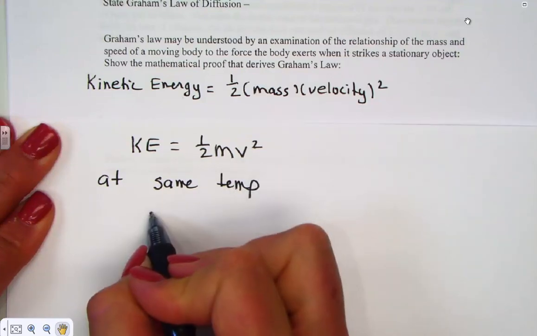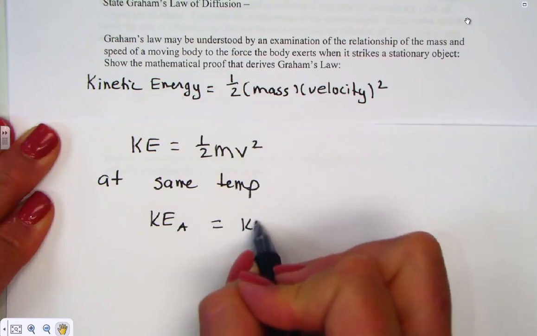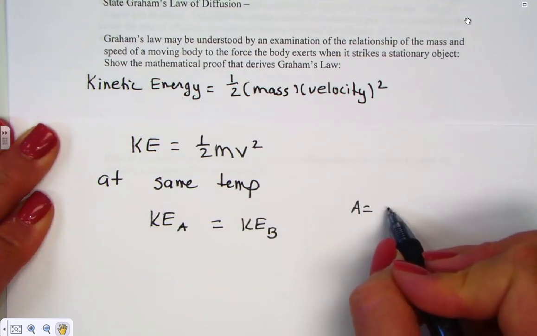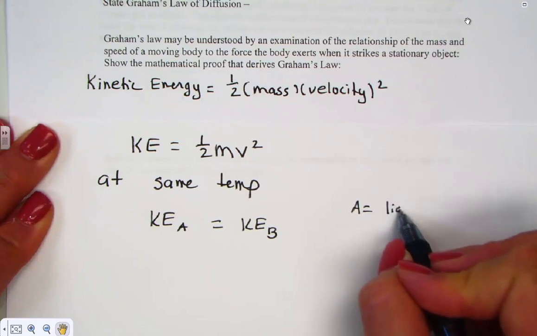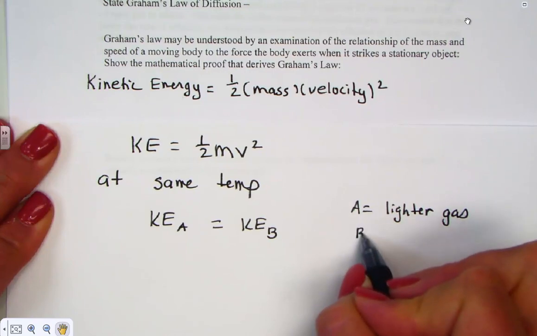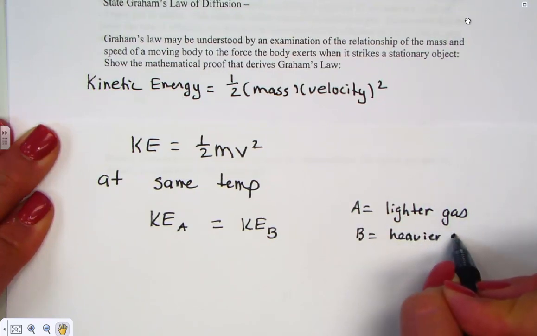let's say we have the kinetic energy of gas A set equal to the kinetic energy of gas B. And just so we are all on the same page, let's call gas A the lighter gas based on its molar mass, and gas B will be the heavier gas based on its molar mass.